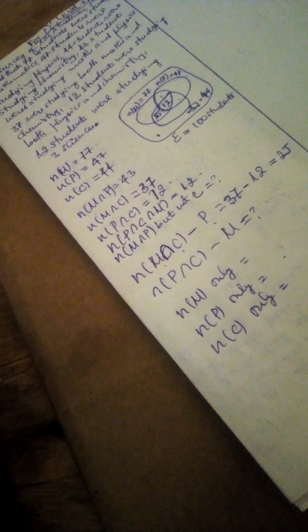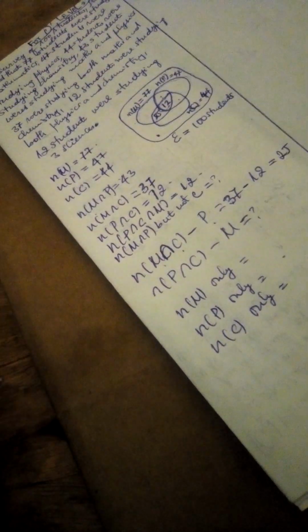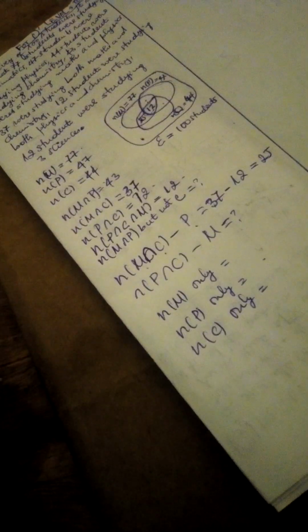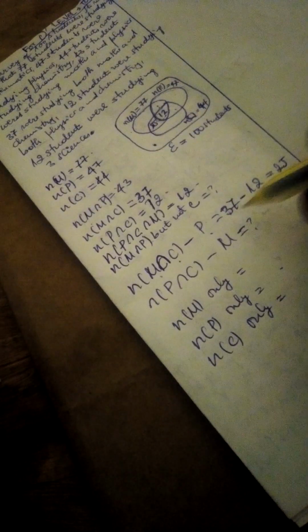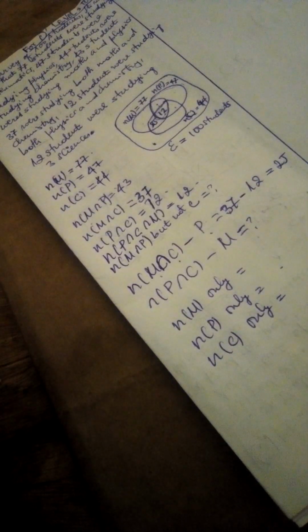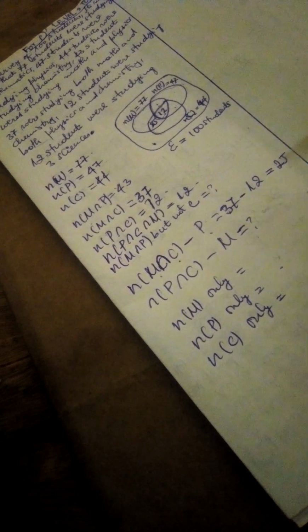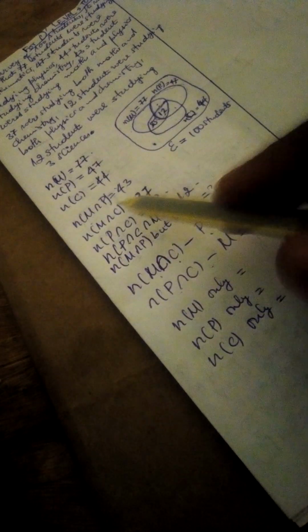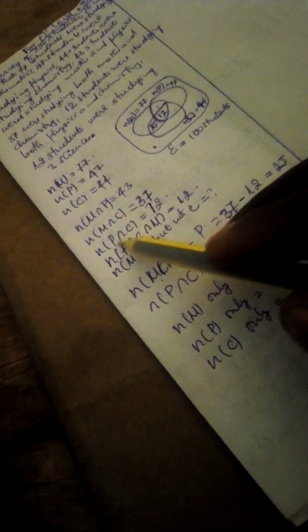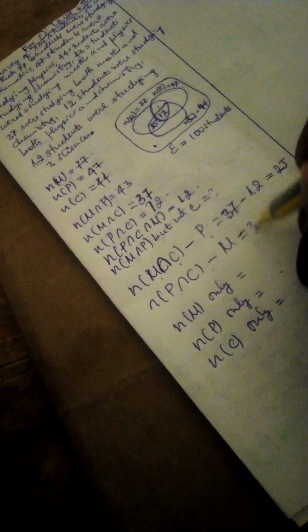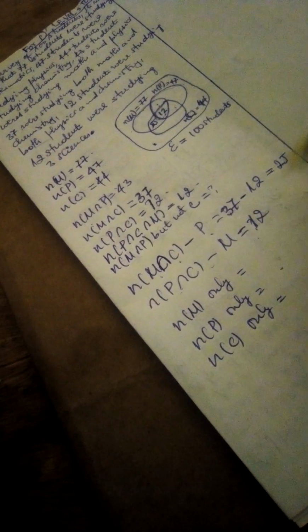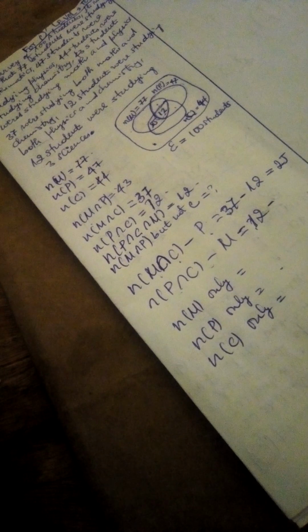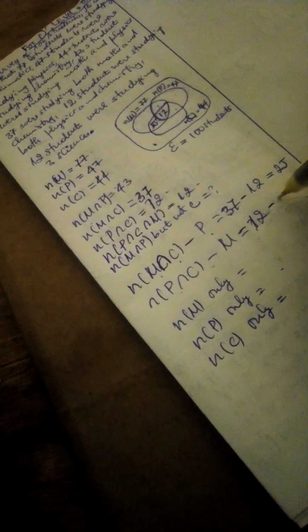Also the number of students who study physics and chemistry but not mathematics will be equal to the number of students who attend both physics and chemistry, that is 12, minus the number of students who study all three subjects, which is 12.